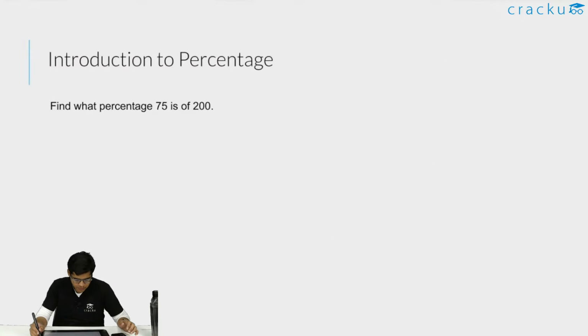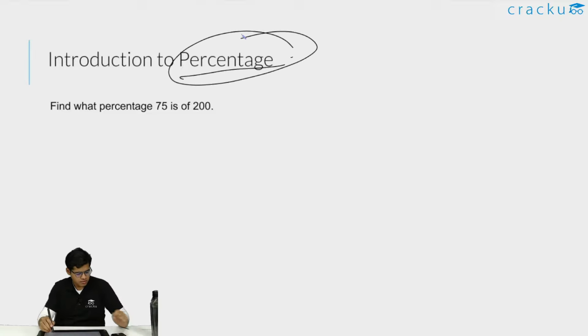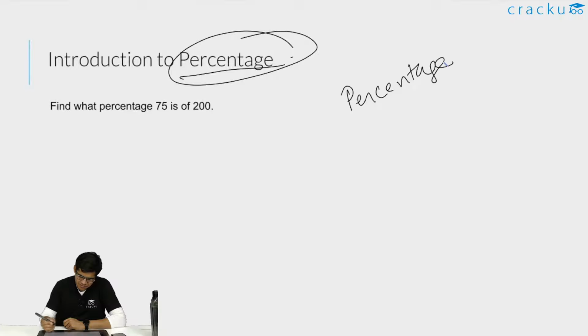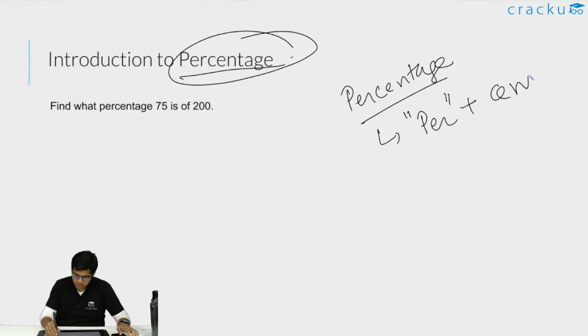So first in arithmetic is percentage. Now, what is the meaning of percentage? It can be broken down into two words: per and cent, right?